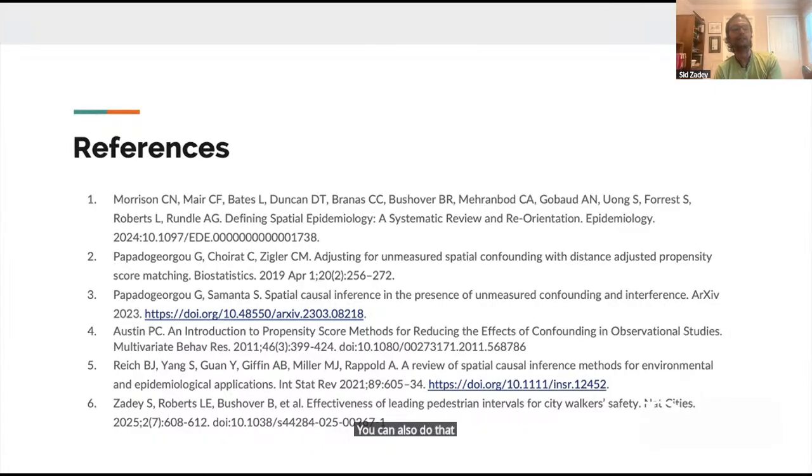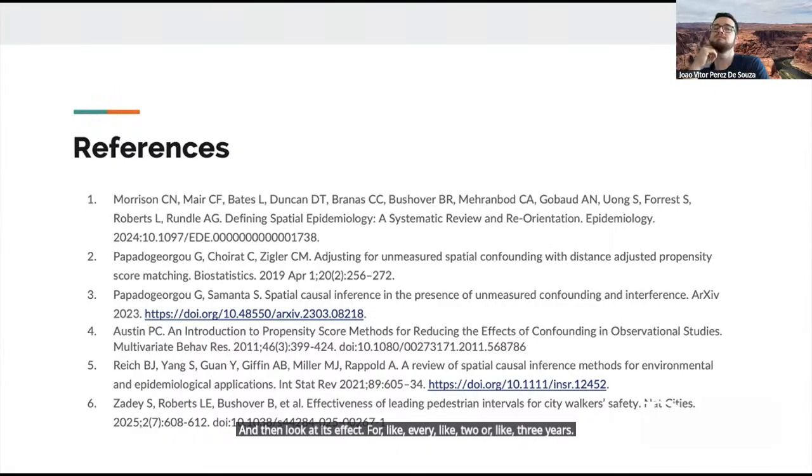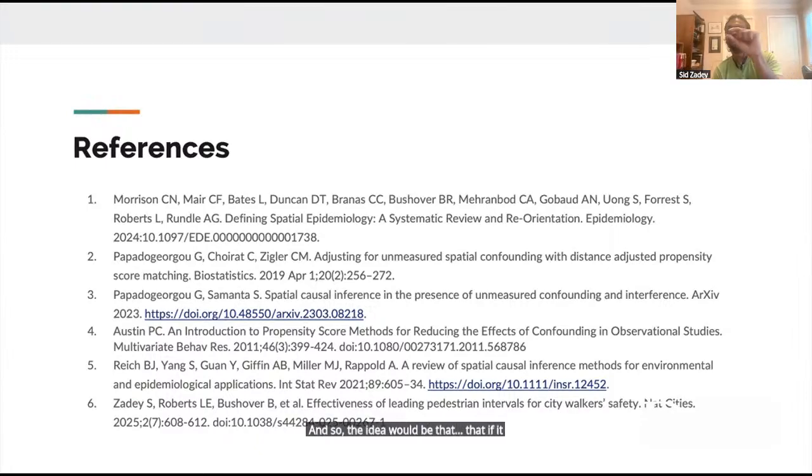You select heat waves in a given year and then look at the effect for every 2 or 3 years. So the idea would be that the effect reduces over time, right? If there have been no more heat waves. So yeah, you can do that.